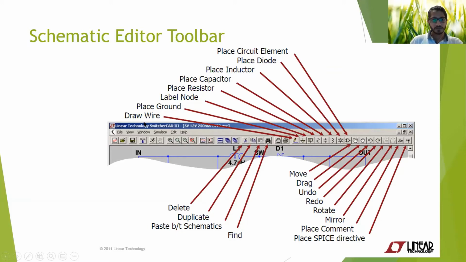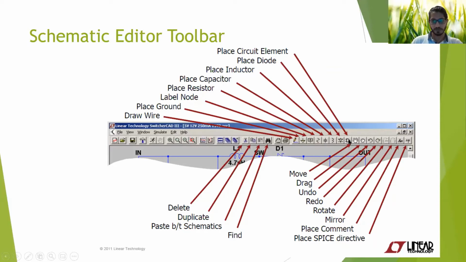And then this is for the wire. We will do it in a while. And this is for the ground placement. You have to put a ground in every circuit, at least one ground. So this is the symbol you can take directly for ground, and then this is for labeling, and then this is the resistor, capacitor, inductor, diode, and a lot of elements you can find here.